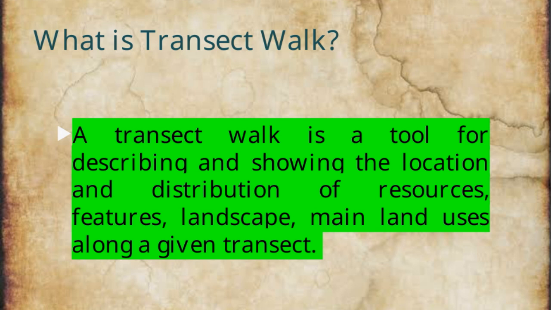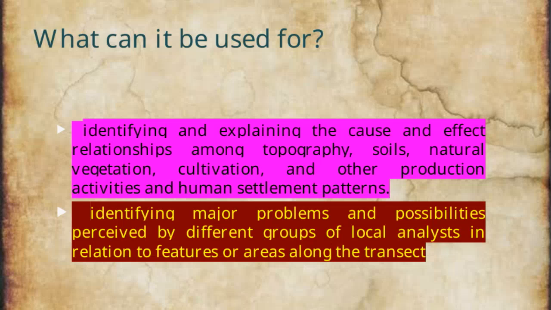This method is especially useful for visualizing the landscape in a way that's easy to communicate and analyze. It ties into our overall goal of understanding land use and resource management by providing a clear, on-the-ground perspective of the environment. On this slide, we're focusing on understanding the complex relationships among various environmental and human factors.